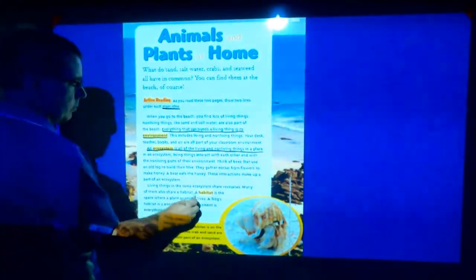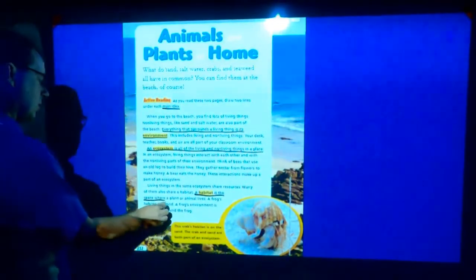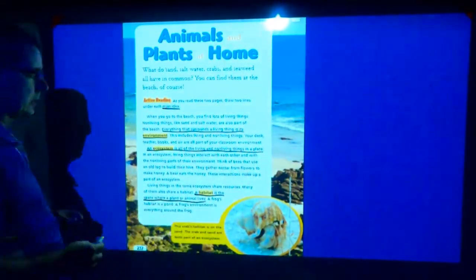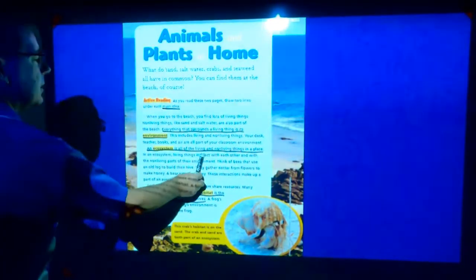So this would be: a habitat is the space where a plant or animal lives, because everything else in that paragraph is about where an animal lives, not about resources yet. This crab's habitat is the sand. The crab and sand are both parts of the ecosystem. So remember, the ecosystem has living and non-living.